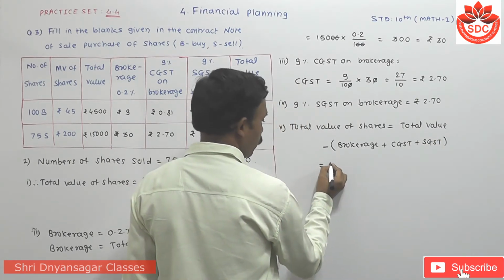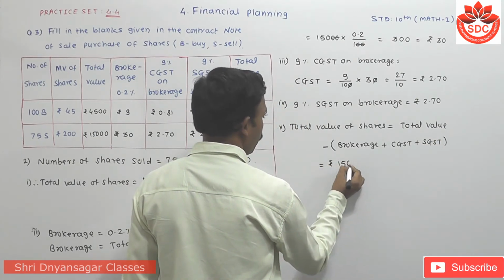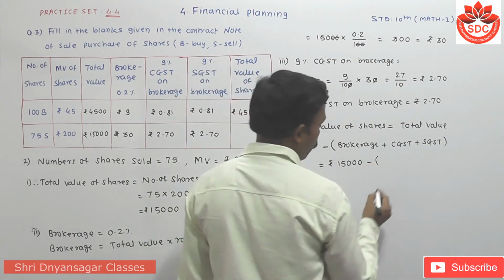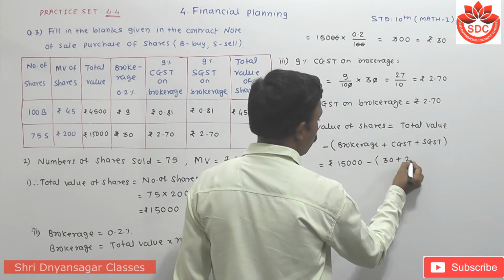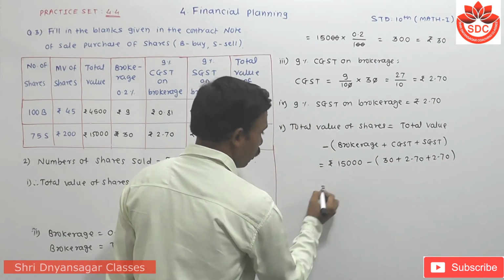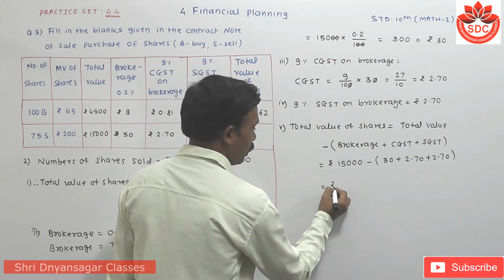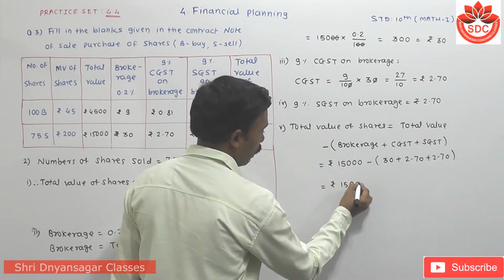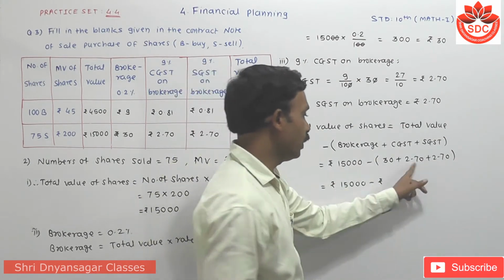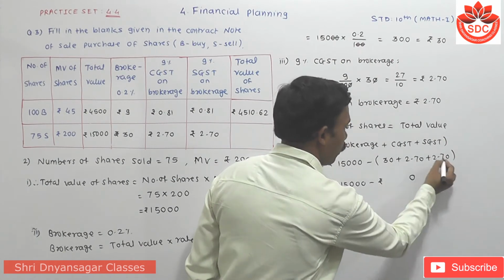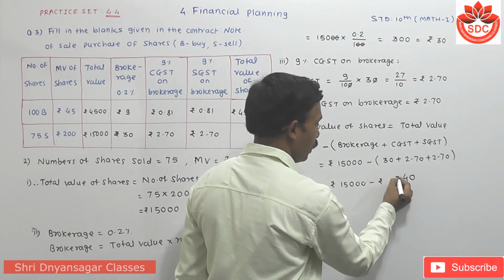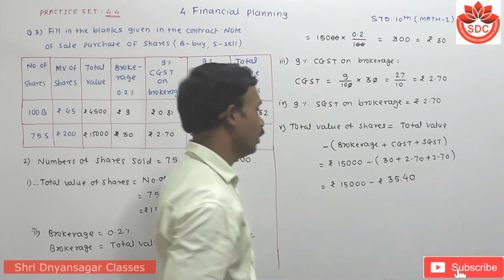Now this total value is rupees how much? 15,000 minus brokerage, here rupees 30 plus 2.70 plus 2.70 rupees. This total rupees, look carefully: 0, 7 plus 7 becomes 14, carry 1, 2 plus 2 is 4 plus 1 is 5, and 35.40.